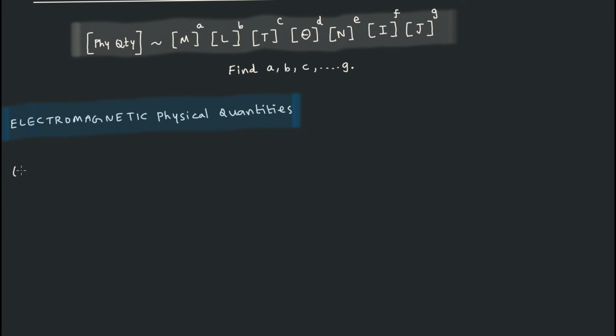So the first one that you will be using frequently in electromagnetism, the first one that comes into your mind is the Coulomb or the charge. So the first and foremost physical quantity that comes into your mind is the charge, which is expressed in coulombs.